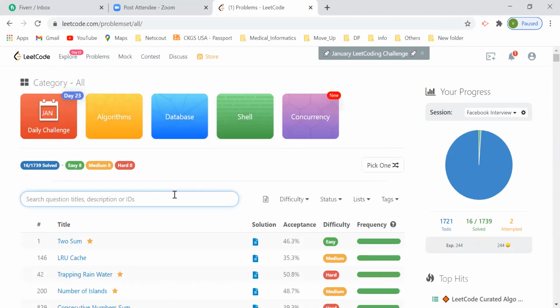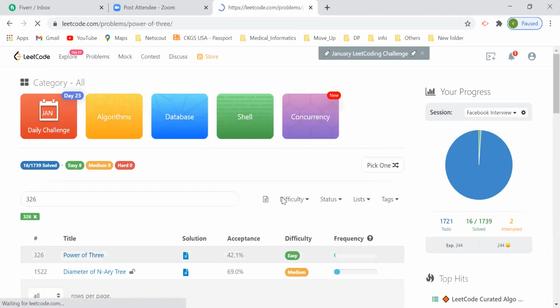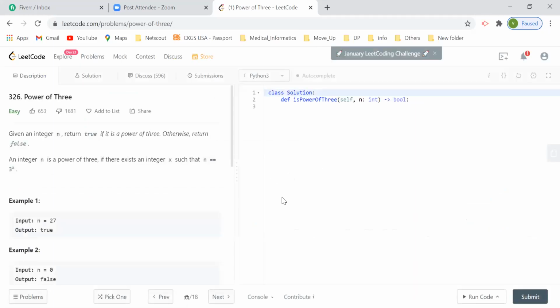So now go to question 3 to 6. Given an integer n, return true if it is a power of 3, otherwise return false.